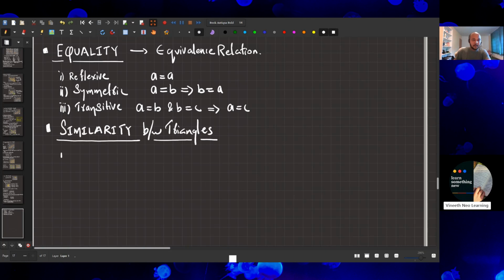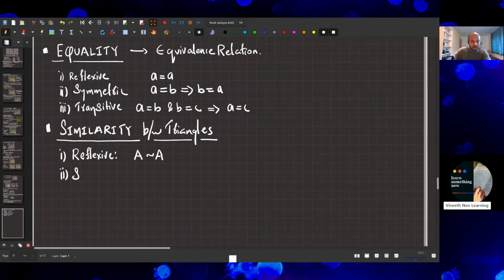Similarity is obviously reflexive because the angles of a triangle are equal to themselves. Every triangle A is similar to itself.